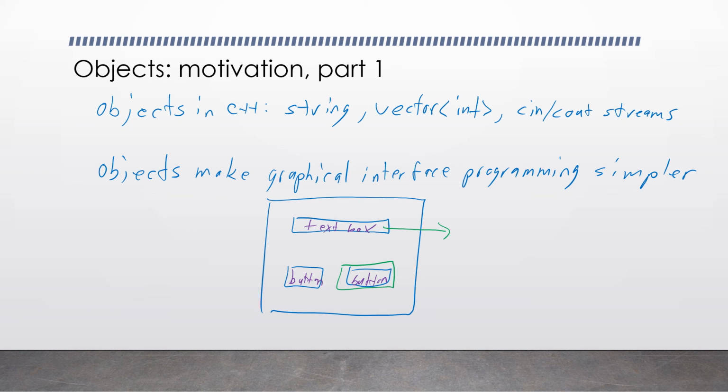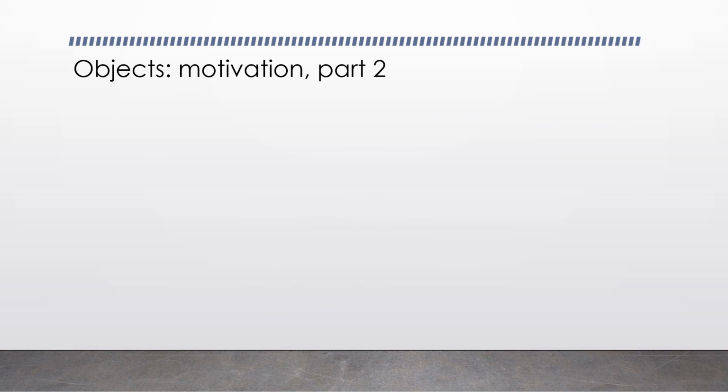So we can obviously do a lot of programming things using objects. But these are objects that have largely been created for us. Why would we be interested in making our own objects? Well, we just talked about the motivation for making a rocket object.